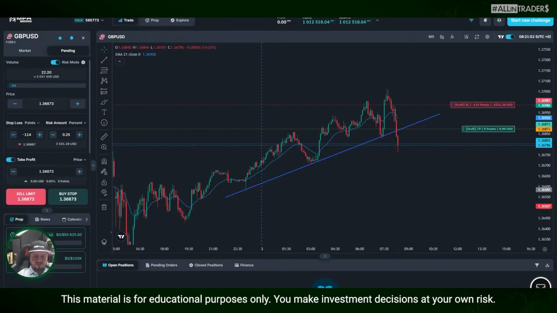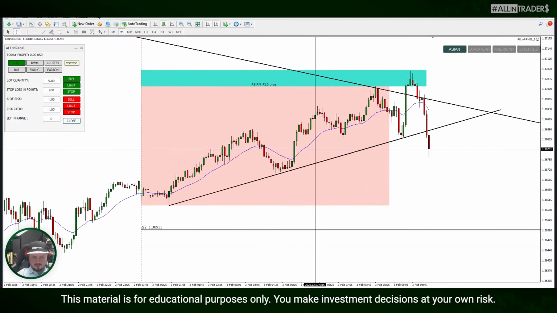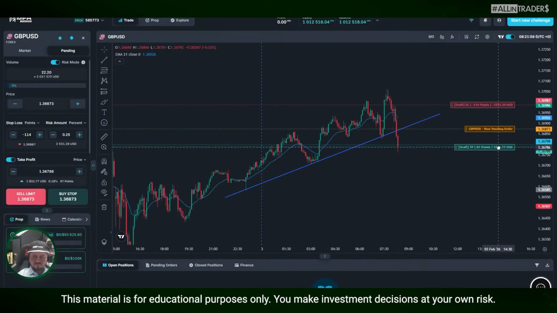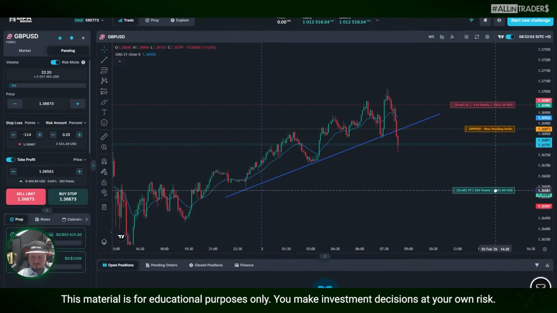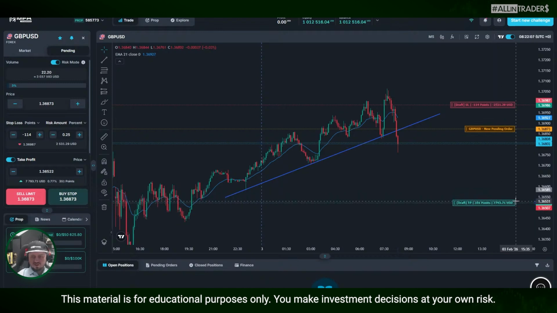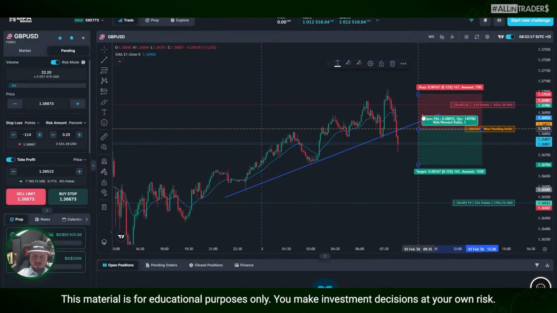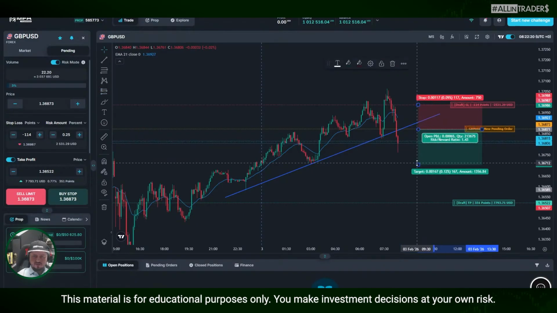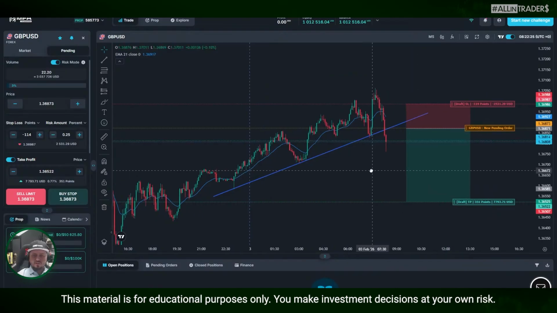And take profit at level 1.36511. Somewhere around here. So we got a 1 to 3 risk to reward ratio, and we can get $7,793 of take profit. Let's try to do that, guys. This is the stop loss and take profit. So it's a 1 to 3 risk to reward ratio.